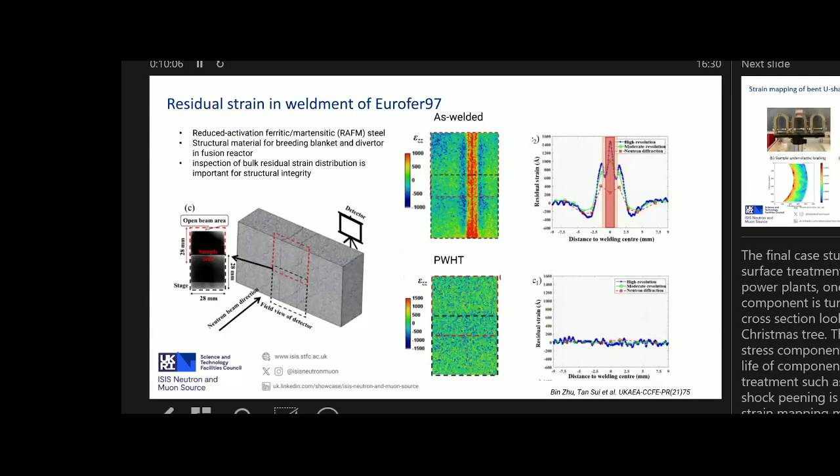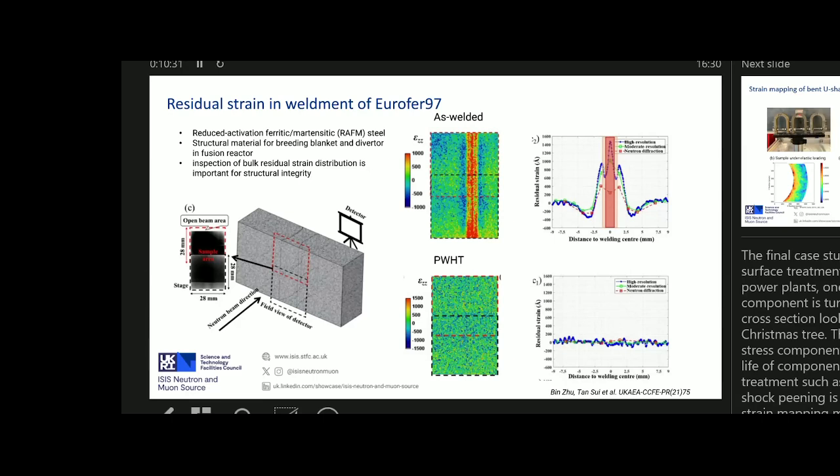And this one is a laser welded Eurofer 97 sample, and they would like to map the strain of the weld, because knowing the magnitude and the distribution of the residual stress is quite important for the structural integrity of this material, which is used in the fusion reactor.